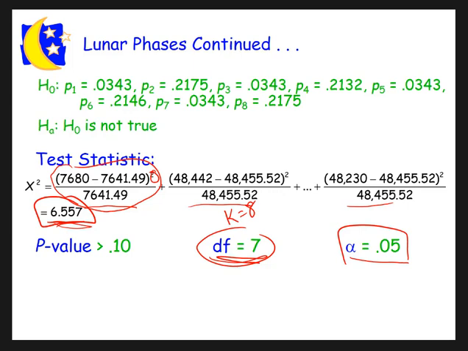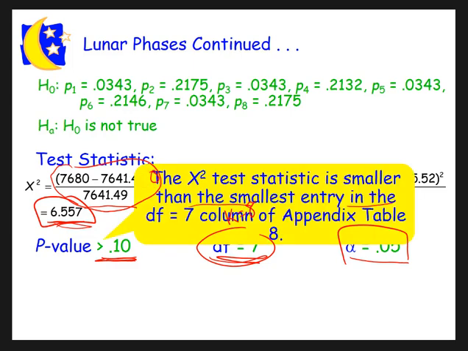So the one we find is going to be a little bit smaller than that, and that in the table corresponds to a p-value of 0.10. So we know that if the test statistic is greater, the p-value is smaller. The chi-squared test statistic is smaller than the smallest entry in the degrees of freedom equals 7 column in our appendix table, and that smallest value is for 0.10.